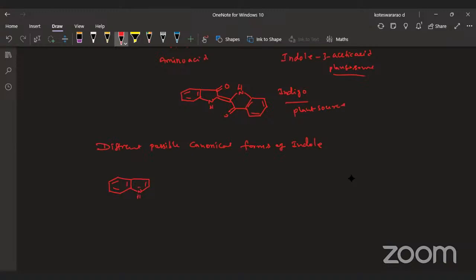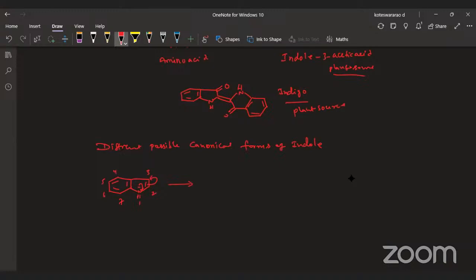This nitrogen has one lone pair of electrons. This lone pair of electrons is donated to this nitrogen single bond. This pi bond is moving to here, the third position. And you assign numbering 1, 2, 3, 4, 5, 6, 7.